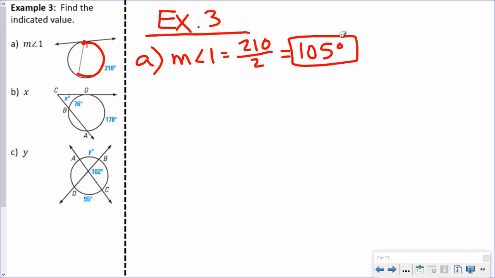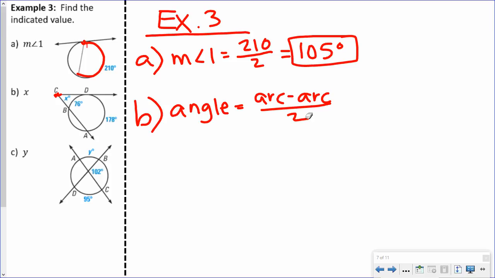Okay. On part B, we want to solve for x. So notice x is this angle with vertex C. So then you ask yourself, where's the vertex? The vertex is outside. So that's this formula: angle equals arc minus arc divided by 2.